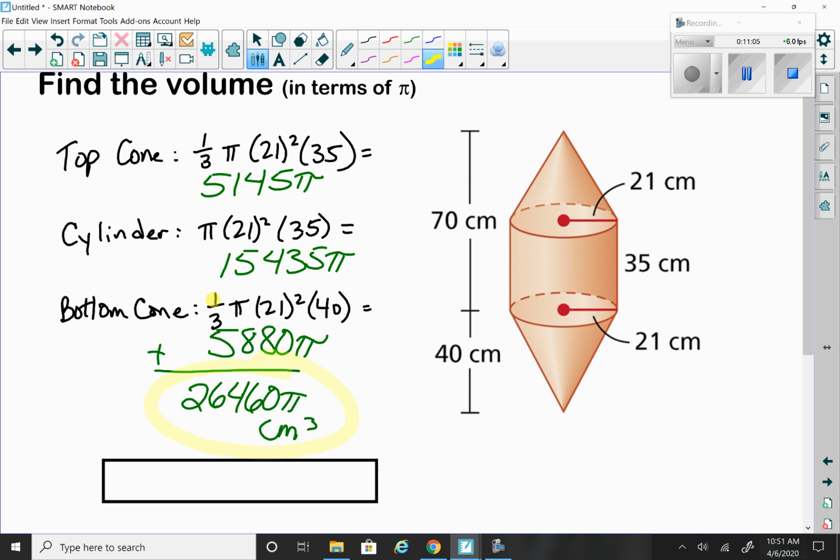Again, for the cones, it's 1/3 pi r squared h, and for the regular cylinder, it's pi r squared h. If this is 35 and this whole distance was 70, then we know the height of this cone has to be 70 minus 35, which gives us 35. So the height of the top cone was 35, the height of the cylinder was 35, and the height of the bottom cone was 40.